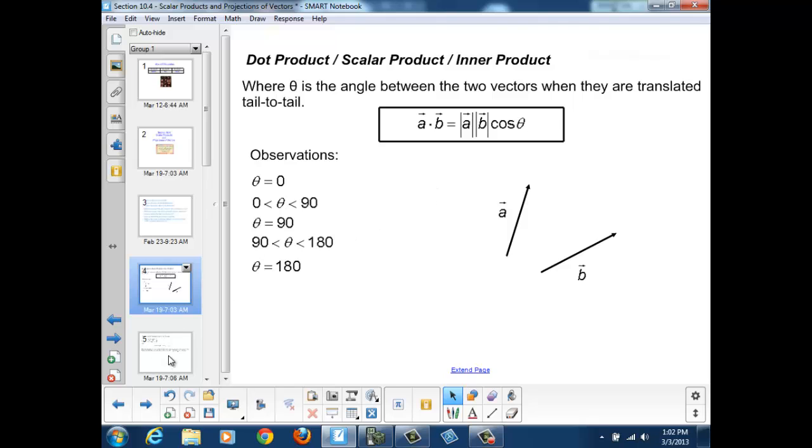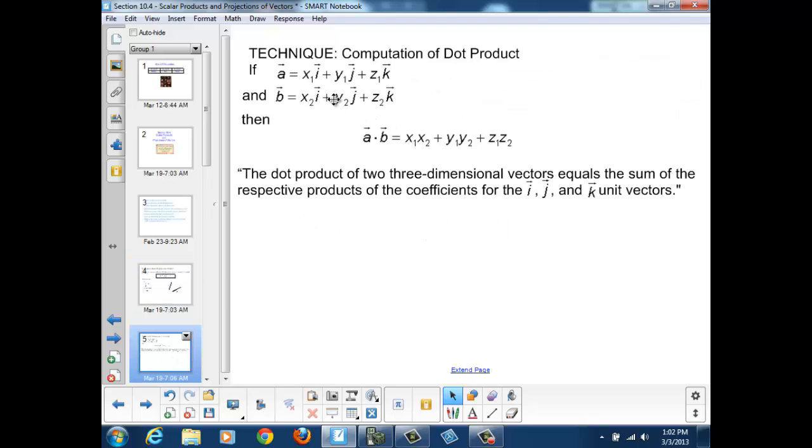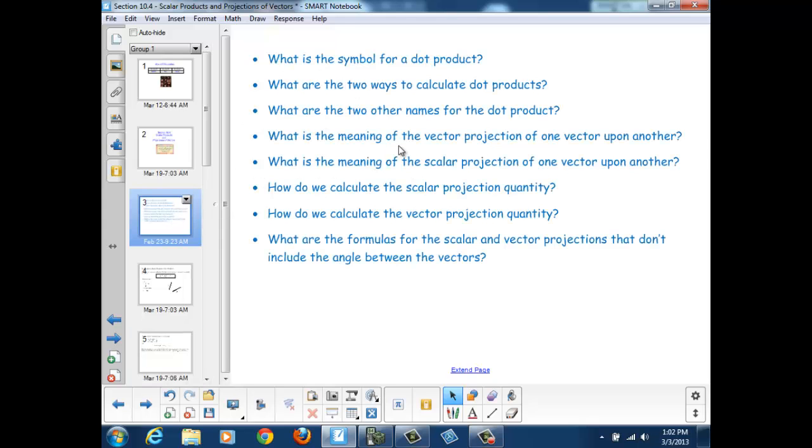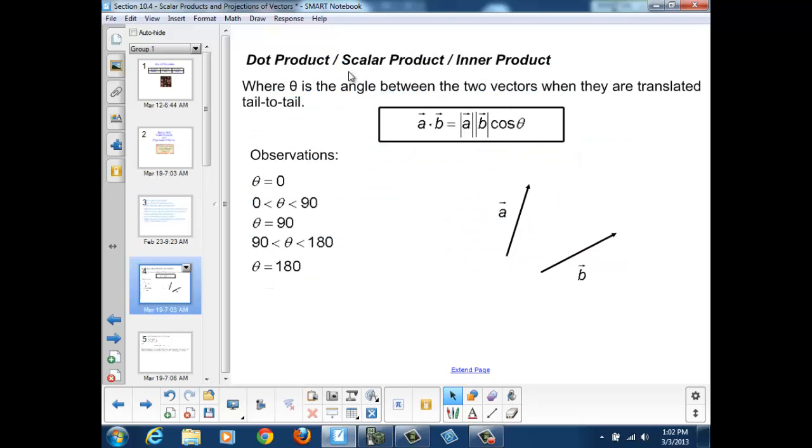If we have the vectors in component form, then we take the sum of the product of each component, so the i component product plus the j component product plus the k component product. What are the two other names for the dot product? Well, they're the scalar product and the inner product, which mean the same thing as the dot product.